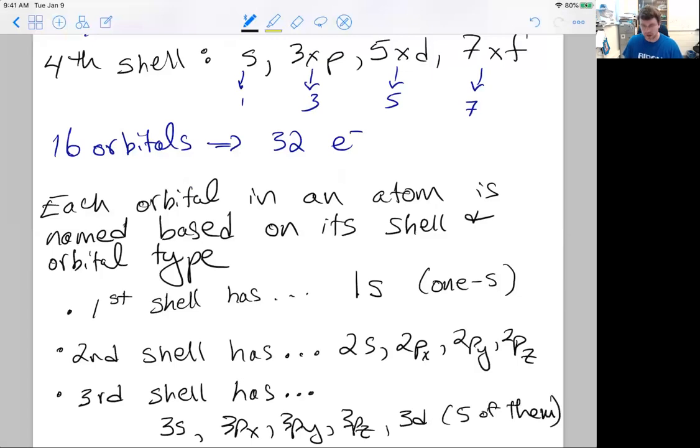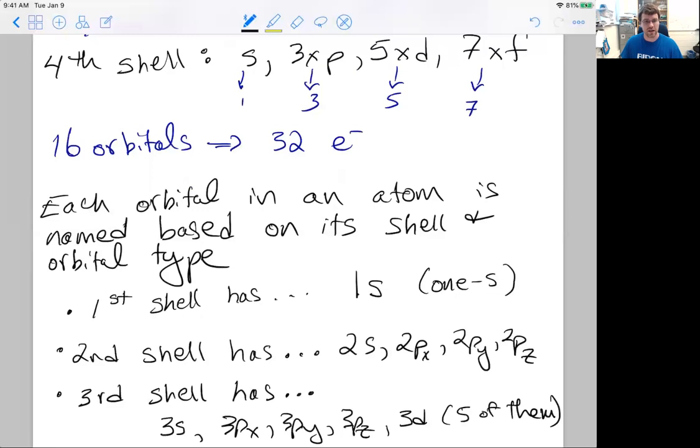I don't want to put them in our notes as something to worry about, but we have like the 3dz squared, the 3dxy, the 3d x squared minus y squared, things like this, beyond the scope of the class. I just want to mention we have 5 of these d orbitals in the third shell. Similarly, we have 5 of these d orbitals in the fourth shell, but we don't need to worry about these. They're a little bit more cumbersome to name. You can learn all about them if you take more advanced inorganic courses.